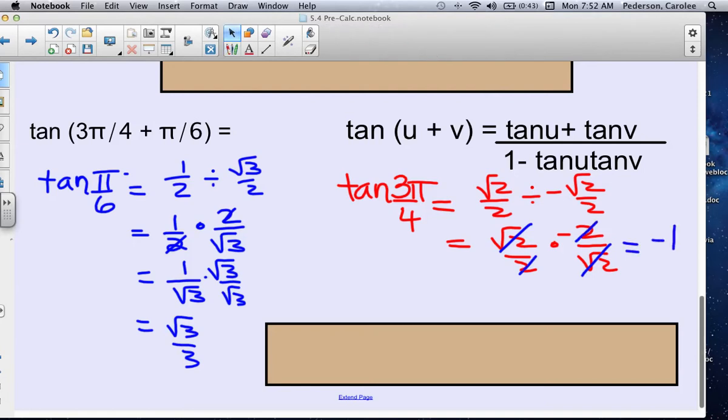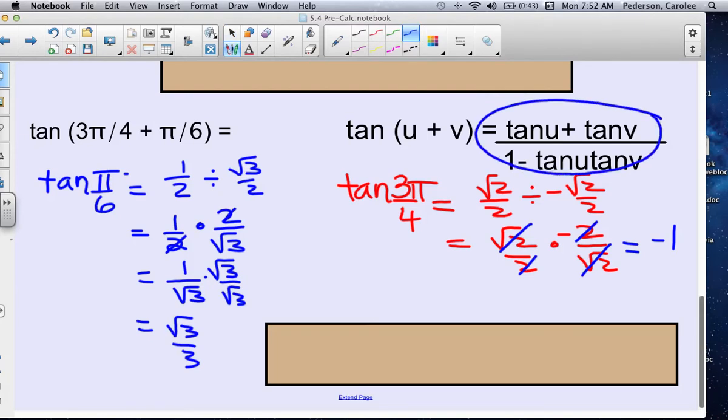So now we're going to go ahead and substitute it in to this formula. So here is the tangent of u. Remember, this was my u, and then tangent of v, which is pi over 6, so square root of 3 over 3. So let's go ahead and substitute it in.